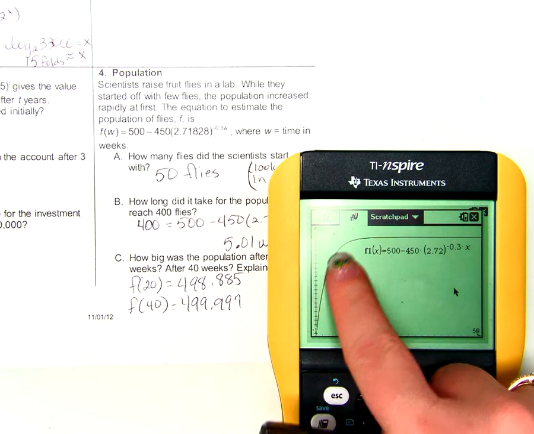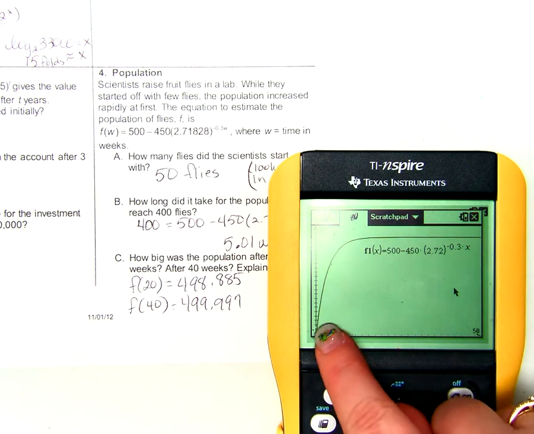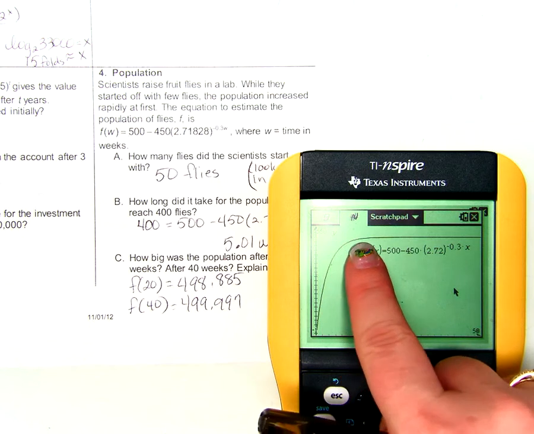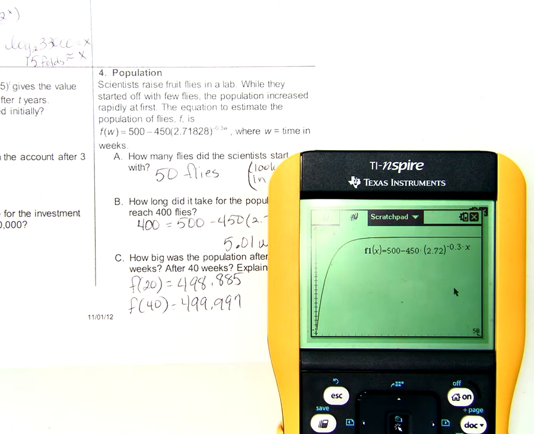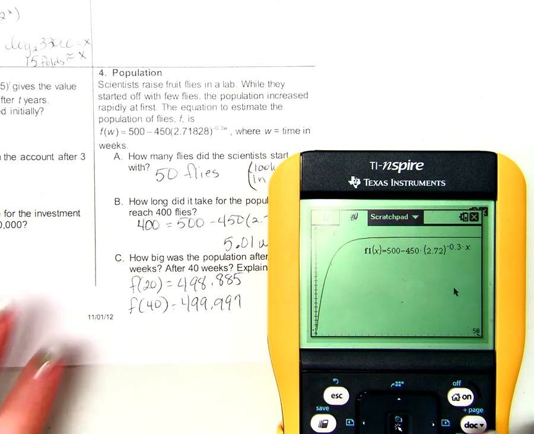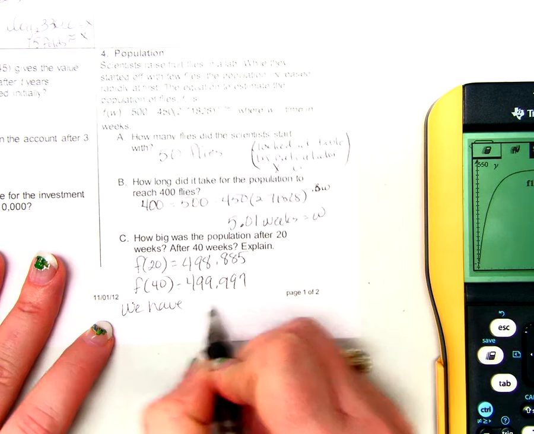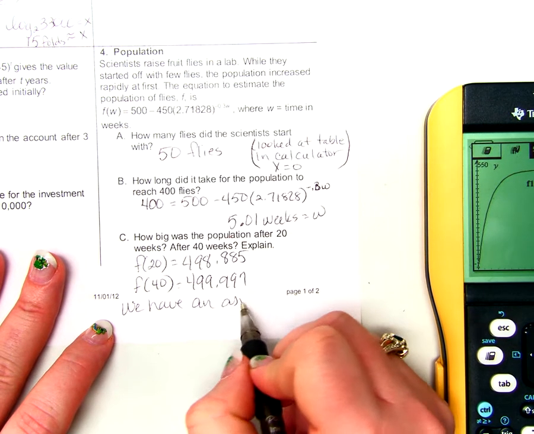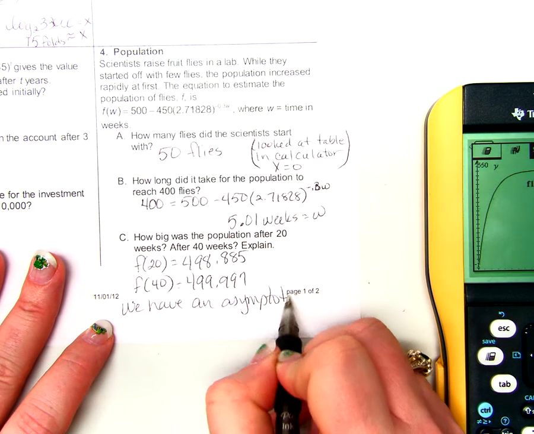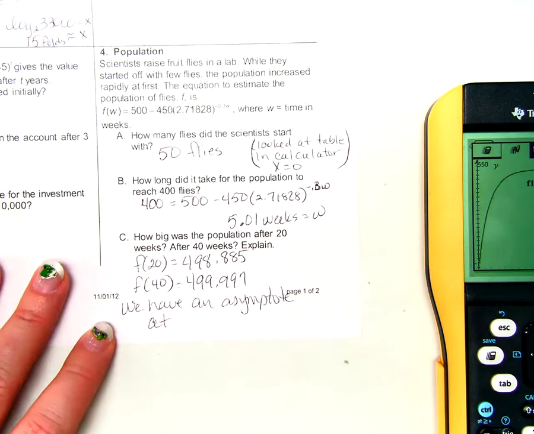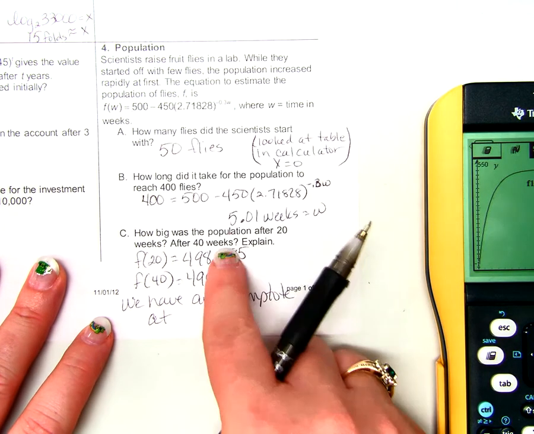What's happening here? Increases super fast at the beginning, and then what happens? That's the asymptote. That's the limit of the population that they can sustain. So we have an asymptote at, where do you think it's at? Where is it getting closer and closer to?